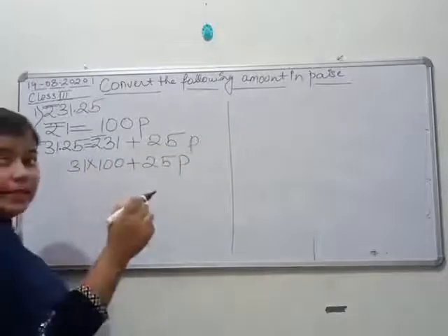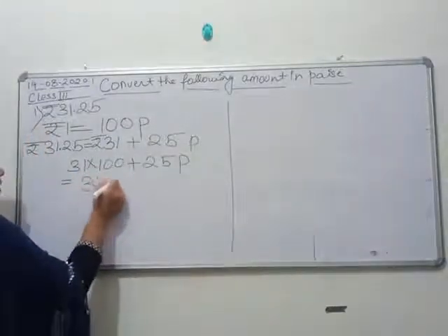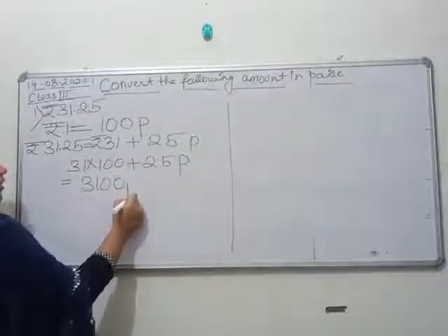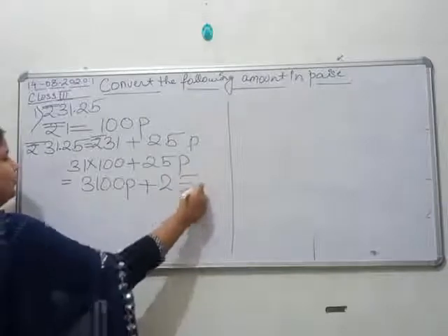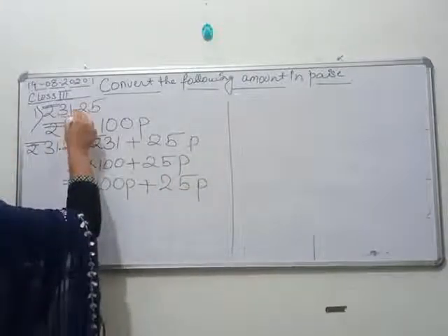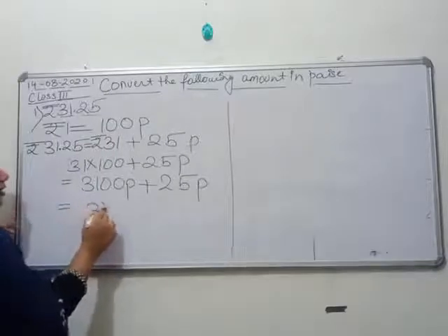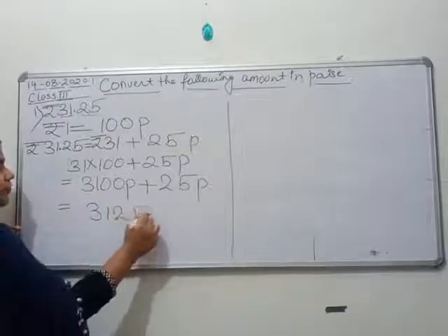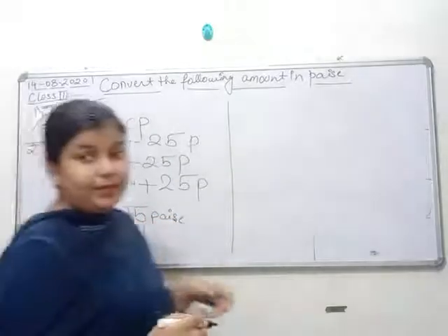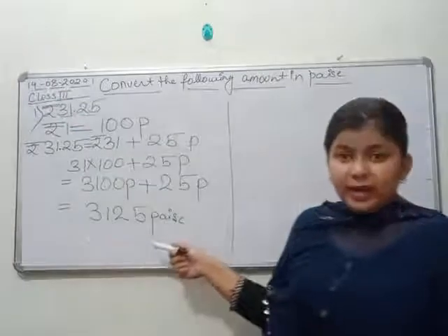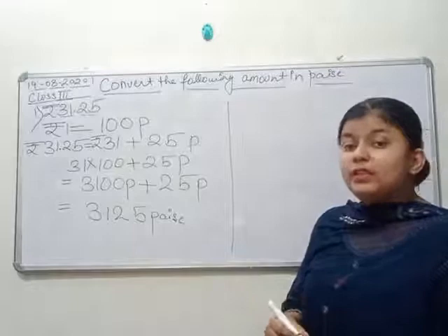Now 31 multiplied by 100 equals 3100. 3100 paise plus 25 paise. Together we will get 3125 paise. Isn't it? Okay? So this is how we convert.